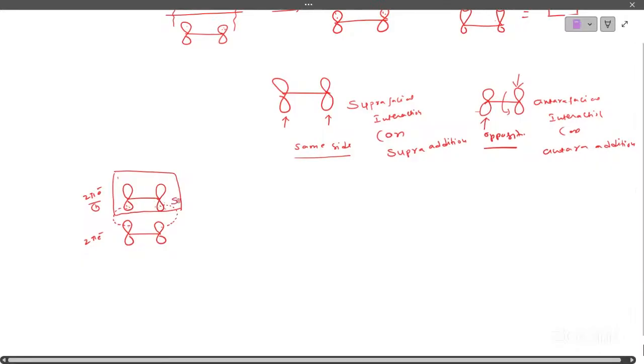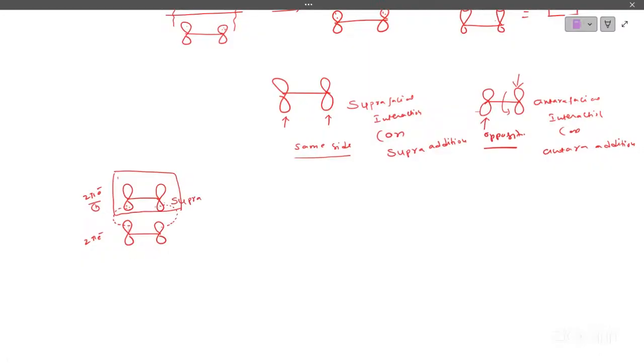Therefore, it is supra. Right? With respect to the second pi system, interacting lobes are on the same side. This is also supra. Now, the first stereochemical mode of cycloaddition reaction is supra-supra addition.